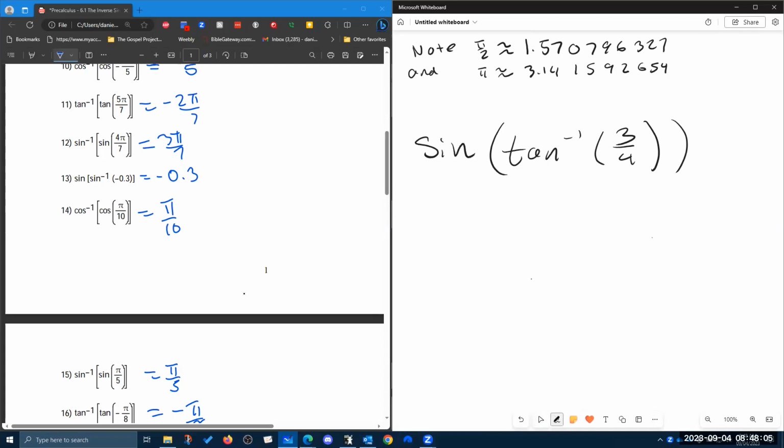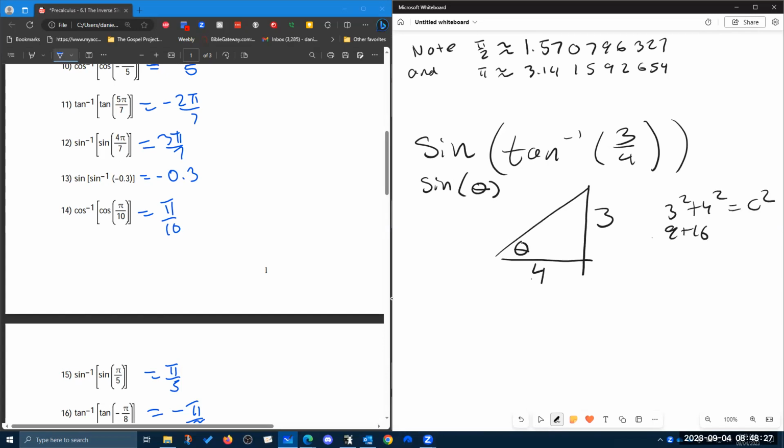So let's draw a triangle whose tangent is 3 over 4, and let's replace this arc function with the variable theta, and then say, well, this is by the Pythagorean theorem a 3, 4, 5 right triangle.